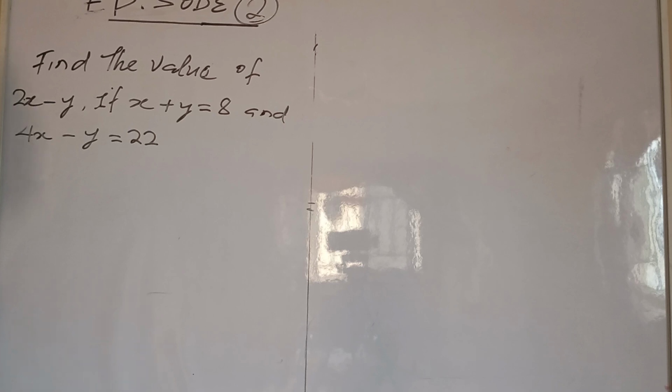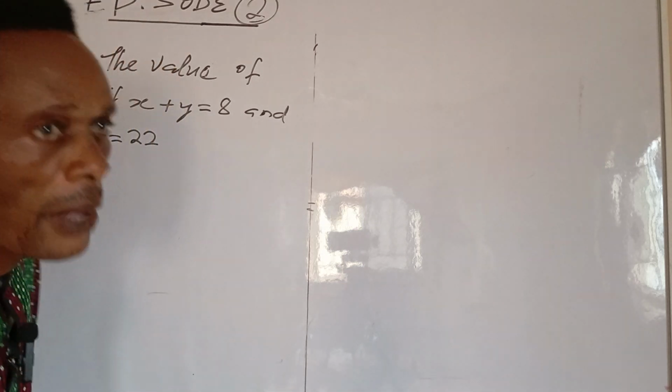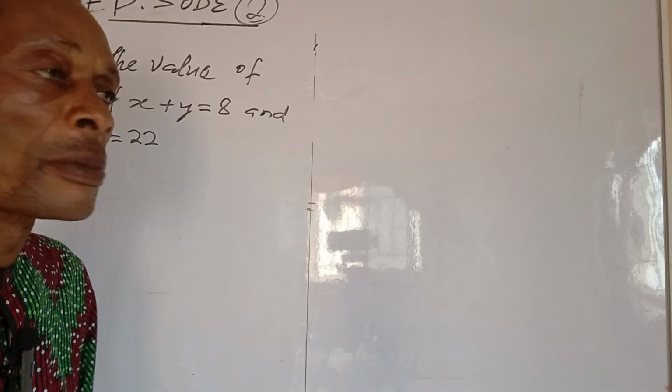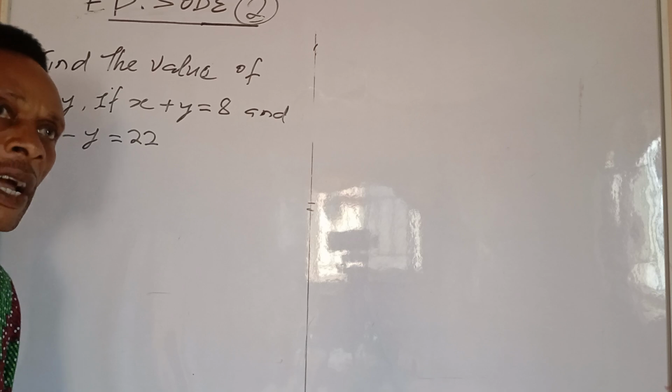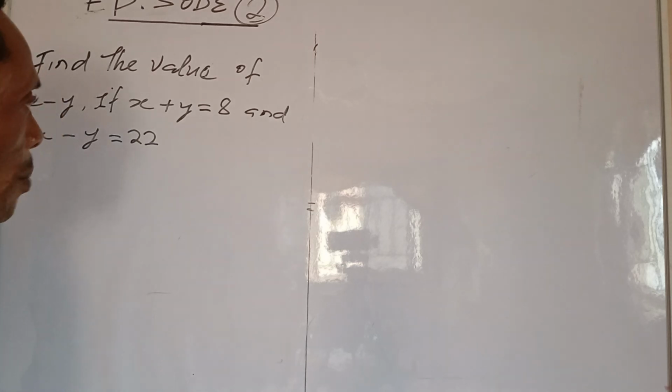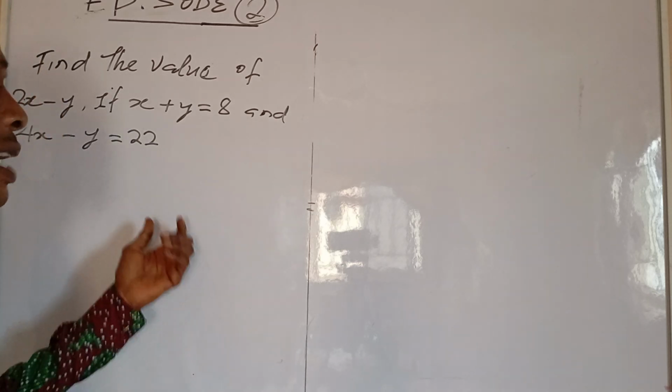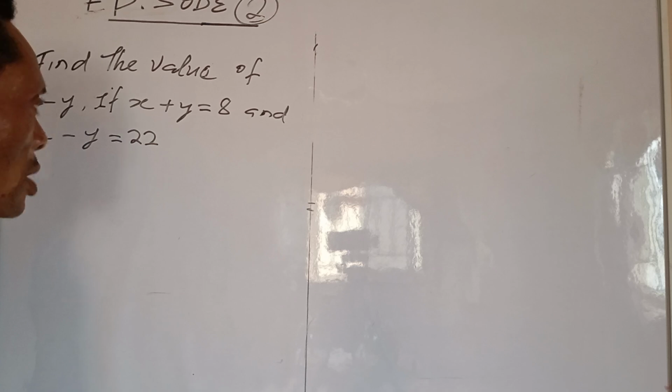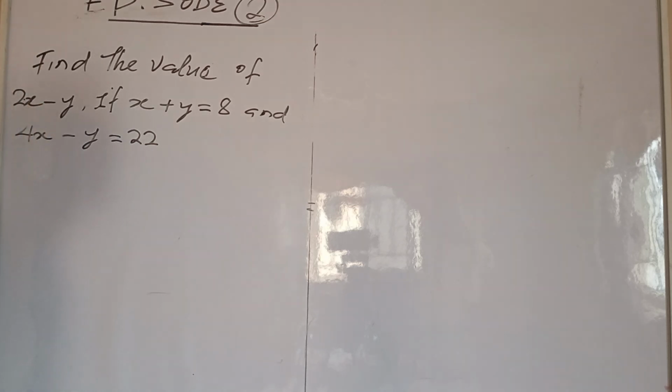We can equally use the substitution method, and also the graphical solution, where we plot a graph of the simultaneous equations. But in solving simultaneous equations, there is what we call a uniform coefficient problem and a non-uniform coefficient problem.